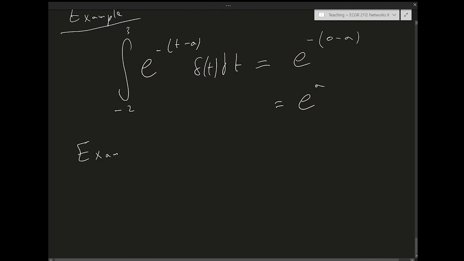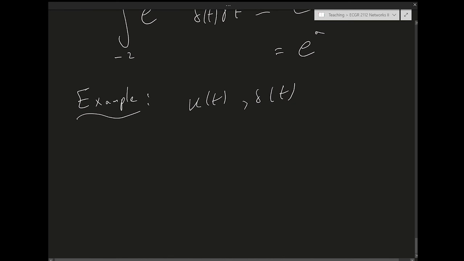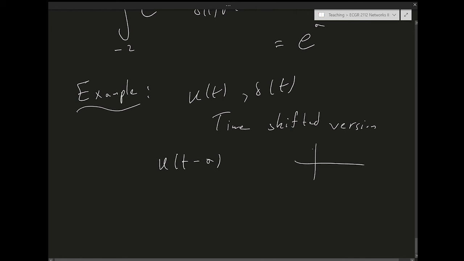We don't only deal with u of t and delta t. We can also handle time shifted versions of u of t and delta t. So consider u of t minus a. If this is u of t, u of t minus a is what? When is it going to switch on? When t equals a, right?